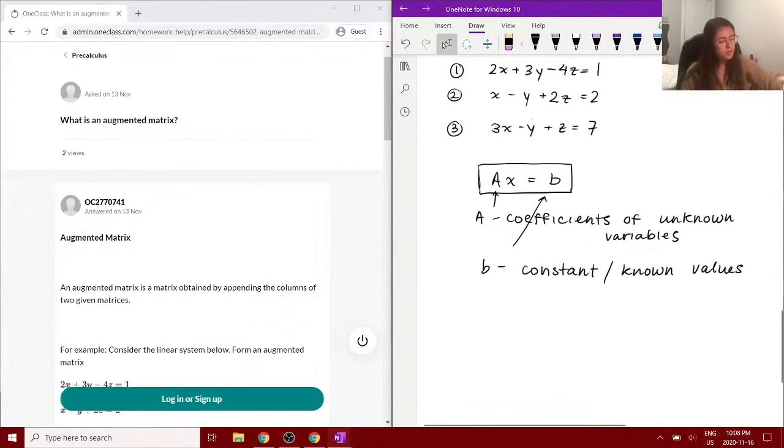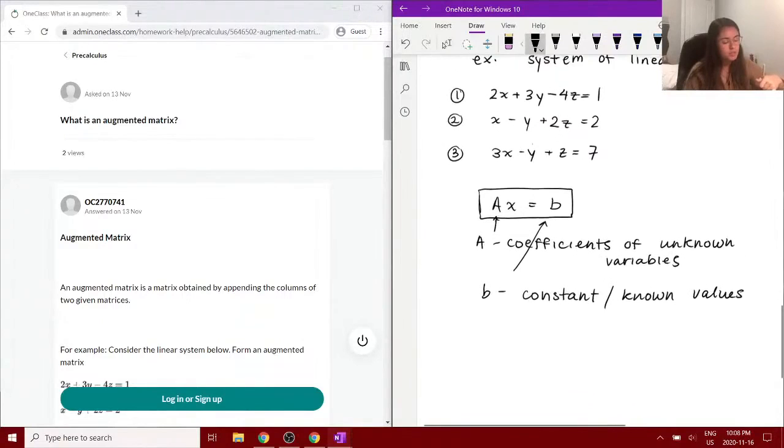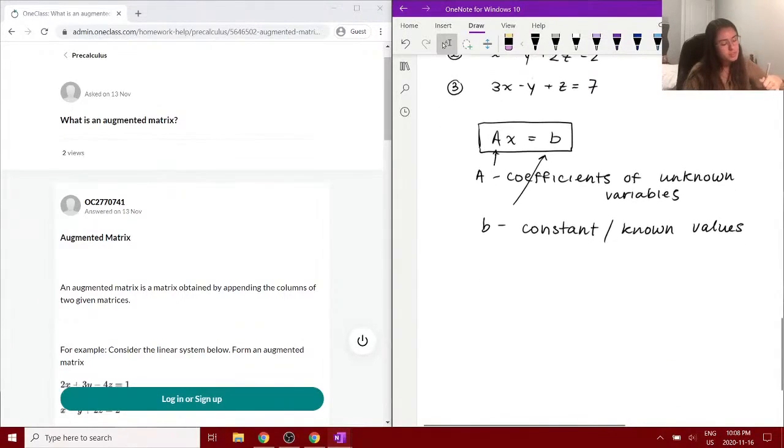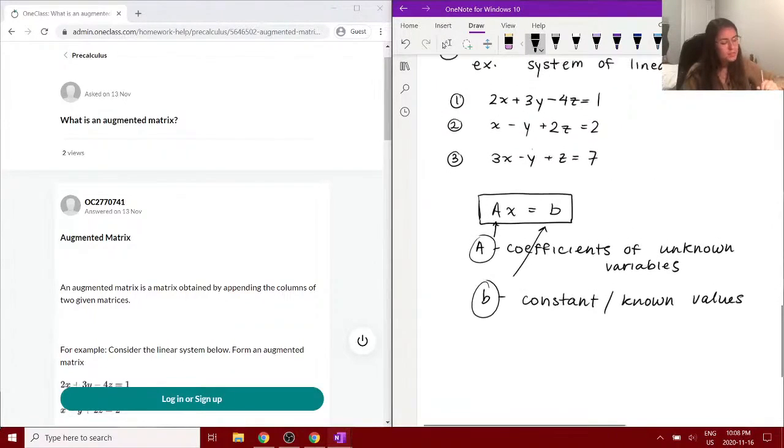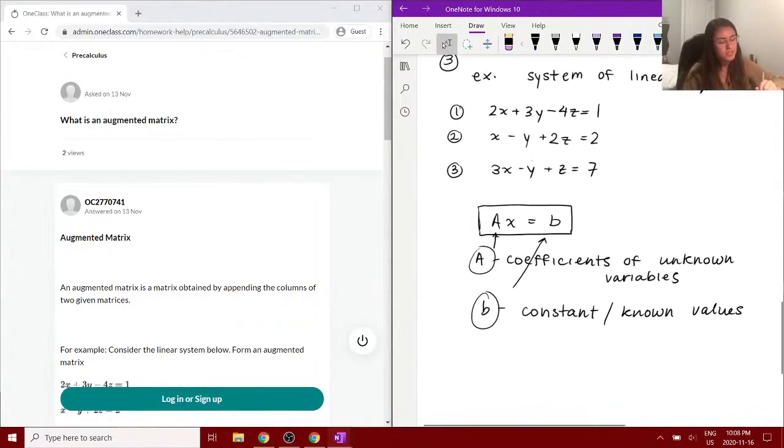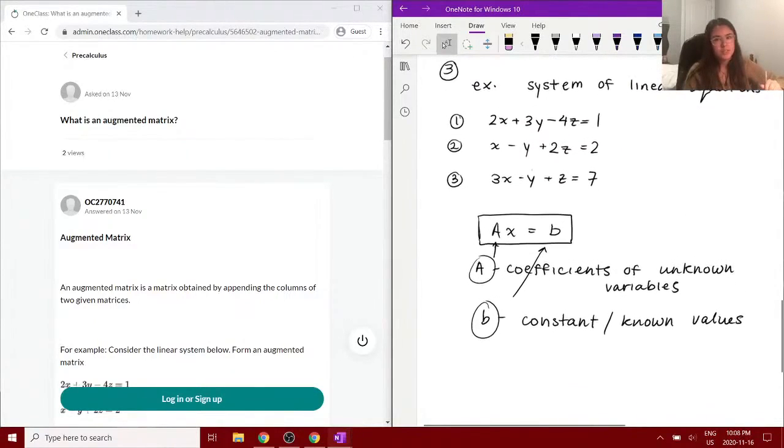And then X, although we're not going to be using it here, contains X, Y, and Z, usually in a column matrix, but we don't need to worry about that for this question, just for your reference. So we can compile matrices A and B using this system of linear equations that we're given, okay? So let's start with A.